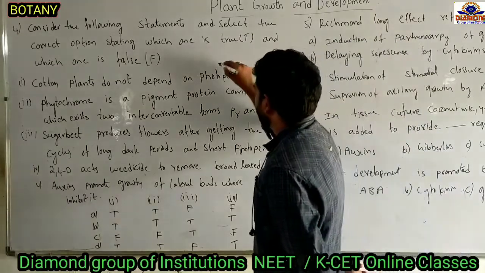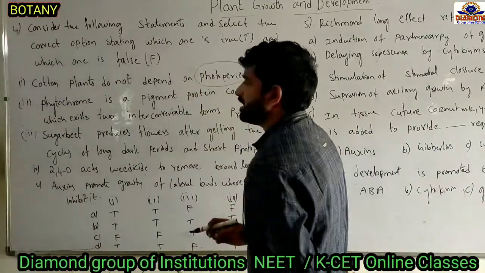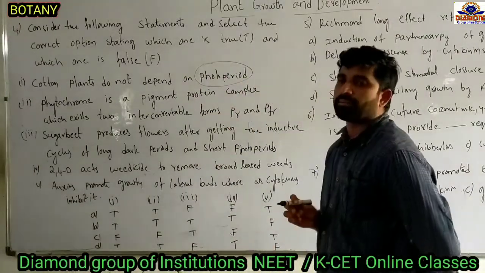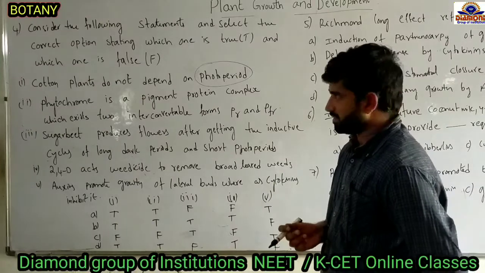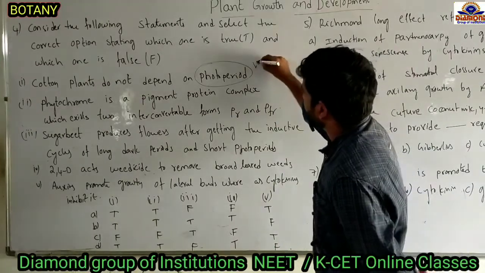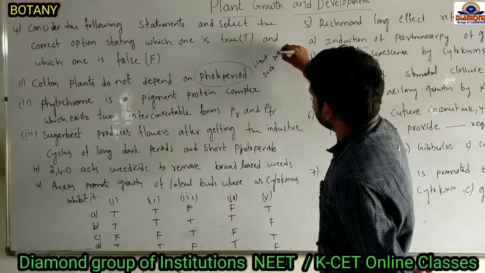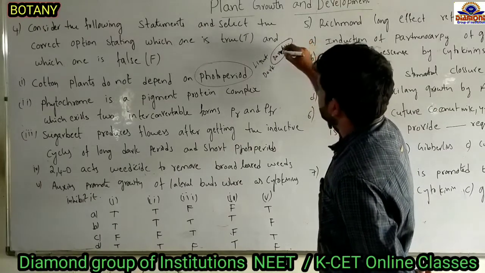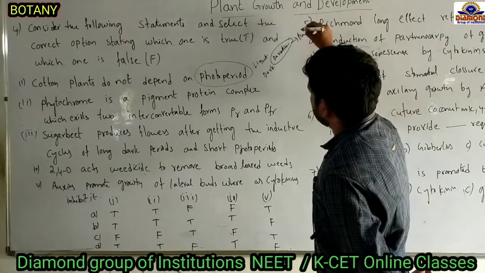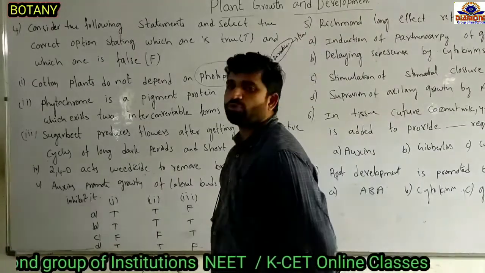Photoperiod means inducing of flowers based upon the light and dark phases. Both the light and dark phase durations are used for production of flowers. It's called photoperiodism.